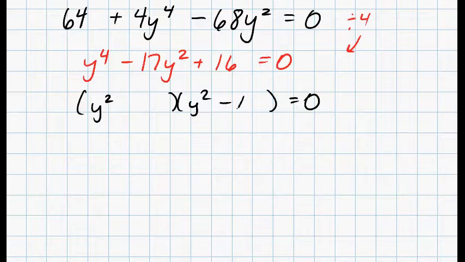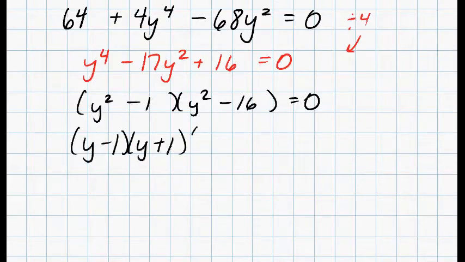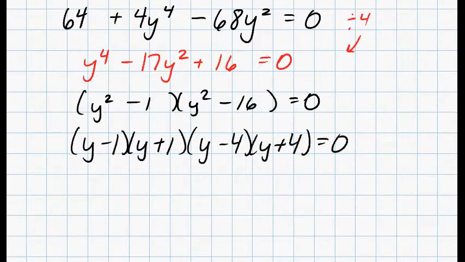So it's y squared minus 16 and minus 1, because those are the numbers that multiply to 16, and add to negative 17. So they factor farther. Y minus 1, y plus 1, y minus 4, y plus 4. So y should equal 1, negative 1, 4, and negative 4.